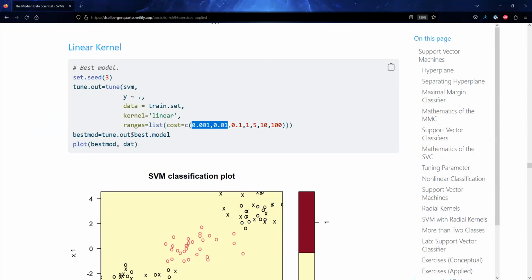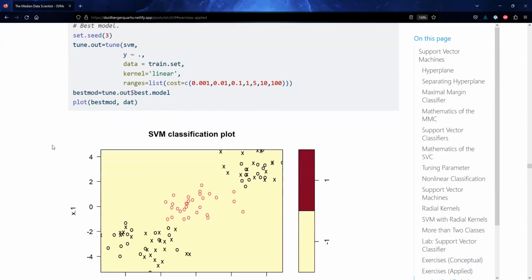Anyways, with these 1, 2, 3, 4, 5, 6, 7 suggestions for cost, what tune will do is actually build a support vector machine with this kernel on the training set, and building those 7 support vector machines with these various levels of cost, you could literally extract the one that does the best job in terms of probably accuracy.